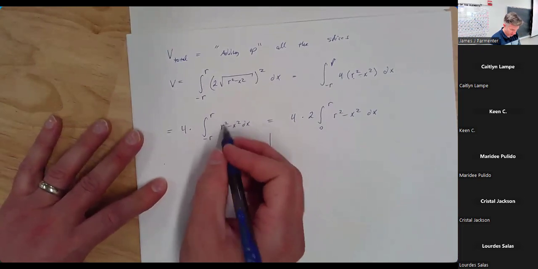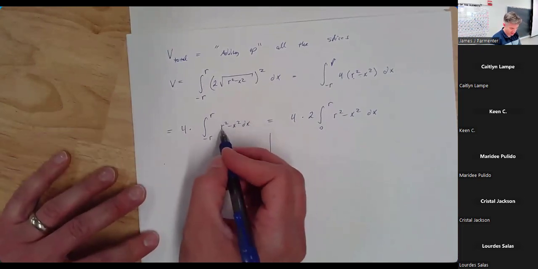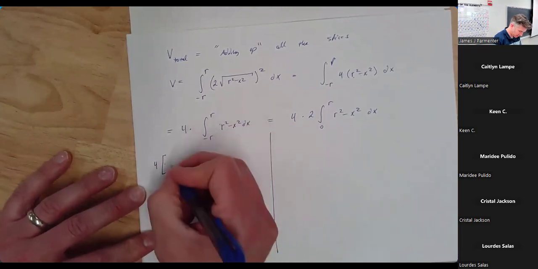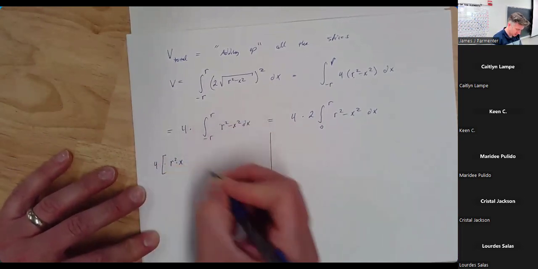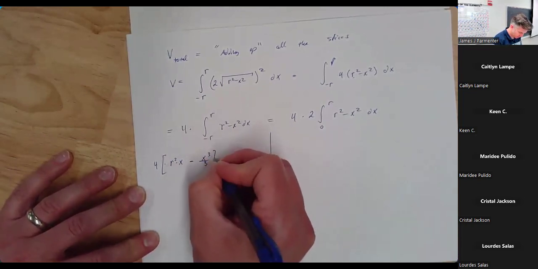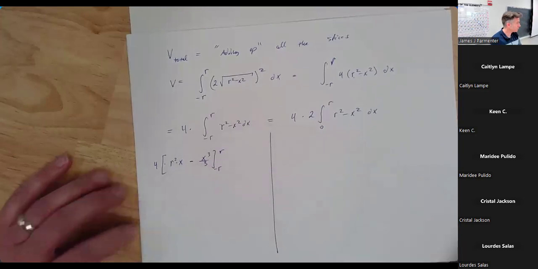If we integrate this, you have to remember that r is just a constant, x is our variable. So the antiderivative of r squared is going to be r squared times x. And the antiderivative of x squared is going to be x cubed over 3, from negative r to r.